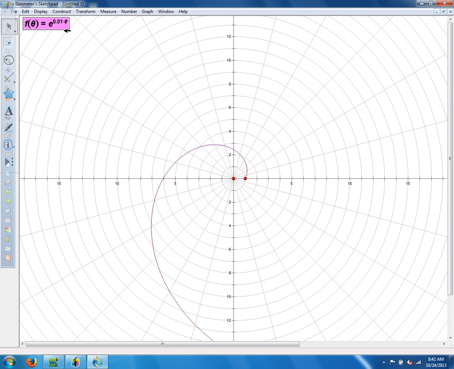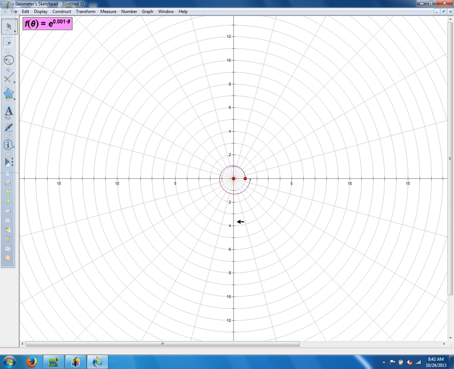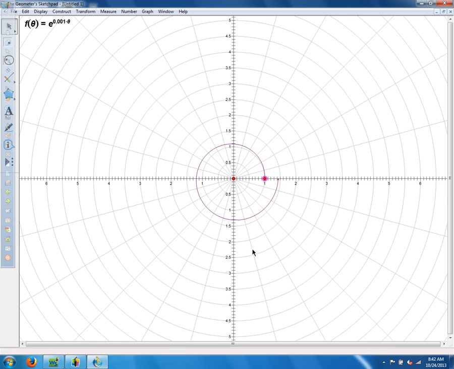So now we're starting to get a spiral. Let me make this a little smaller, 0.001. There we go. Now we've gotten a spiral. So we get r equals e to the theta.